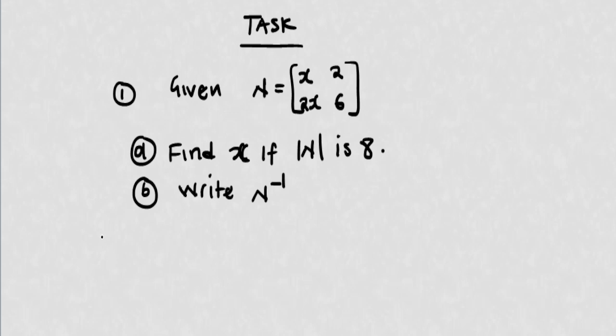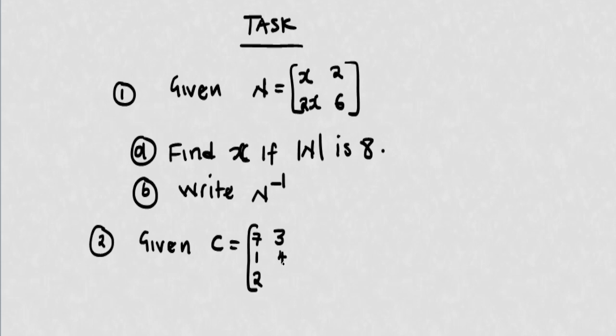Then the second question, so we say given a matrix, matrix C. If you're given matrix C, it is as follows. So 7 here, 1 here, 2 there, then we have a 3 there, we have a 4 there, then 5 here.